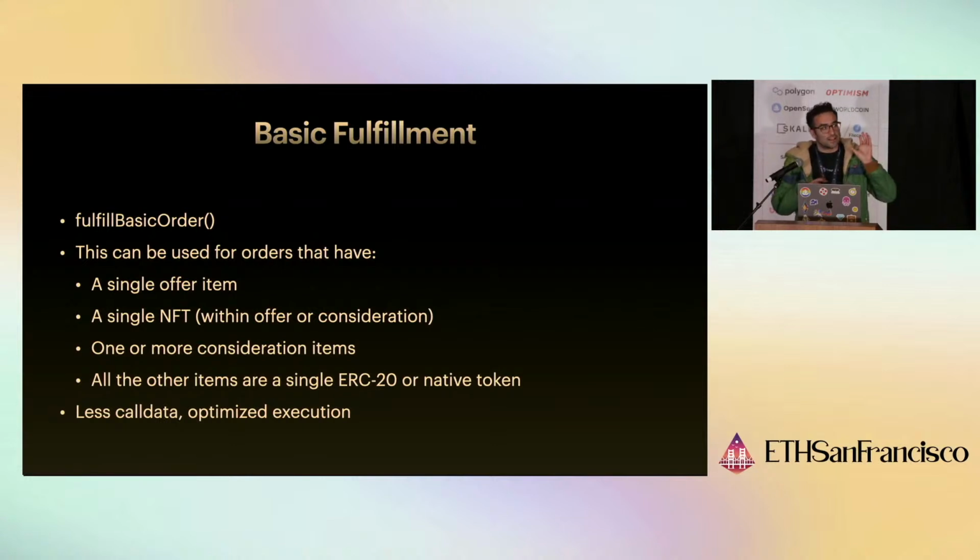What this does is put certain constraints on what a basic order is. In this case, it's orders that have a single offer item and consideration items that are all in ERC20 or native. This allows us to use the calldata in the method signature and access it more directly, so that it costs less gas.